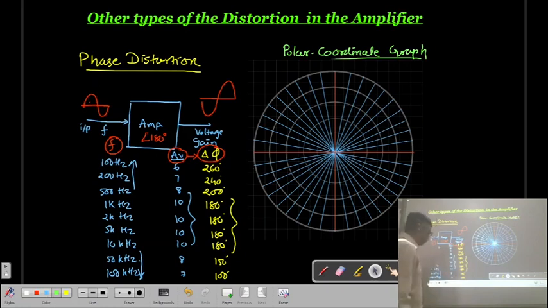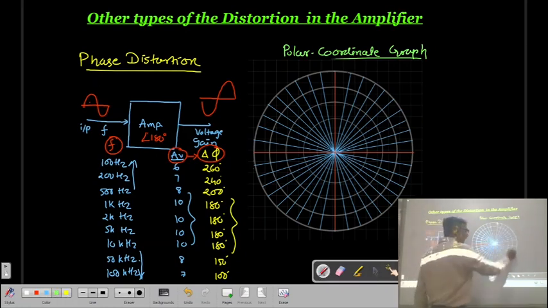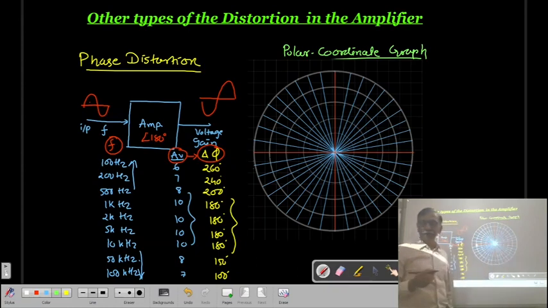Okay, so look at this. Here, the different circles are concentric circles. Concentric circle means all the circles have the same center.